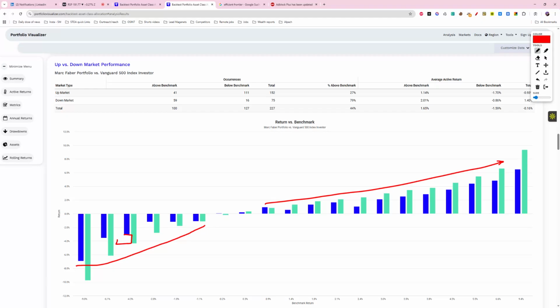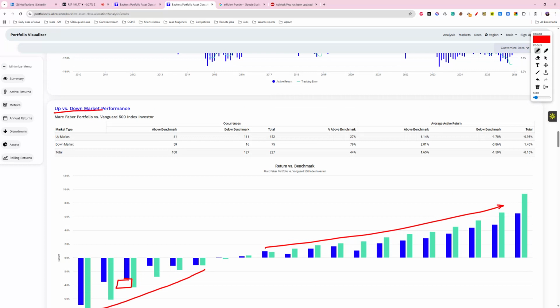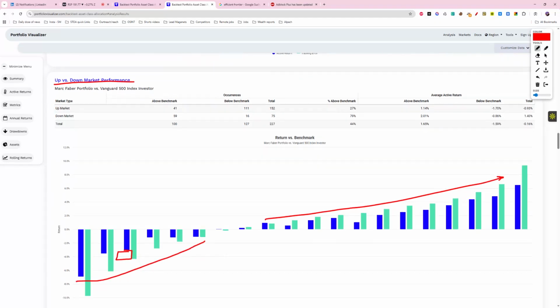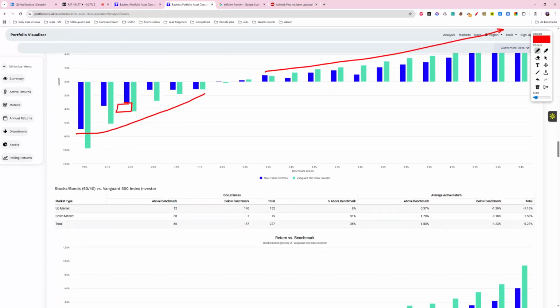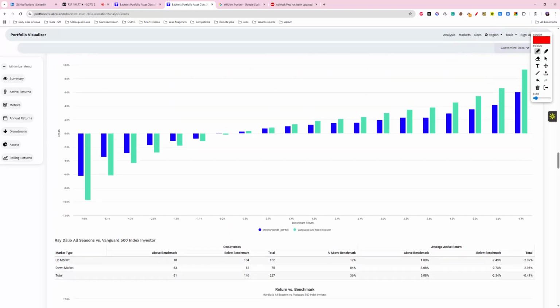So we are taking a third less risk in comparison. Actually, this is ROI versus down markets. So in up markets versus down markets, our strategy tends to take less of a hit. That being said, let's move on to other strategies.